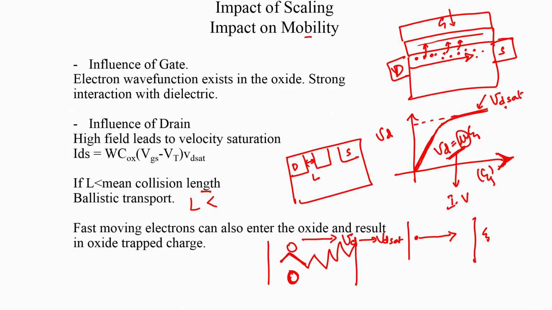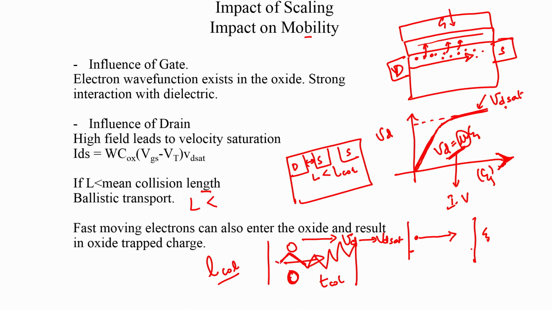But if you reduce the channel length, and these scattering events, you could say that they have a mean collision time of T coll and a mean collision length of L coll. If the channel length of the MOSFET, that is the distance between drain and source, is reduced to less than the mean collision length, then it is very likely that a large number of electrons do not on average experience any scattering, and these electrons would simply shoot past without experiencing any scattering.